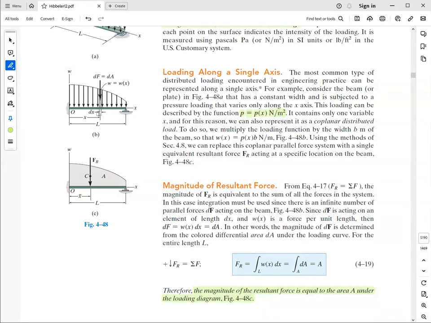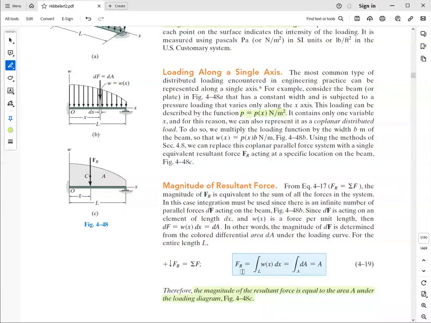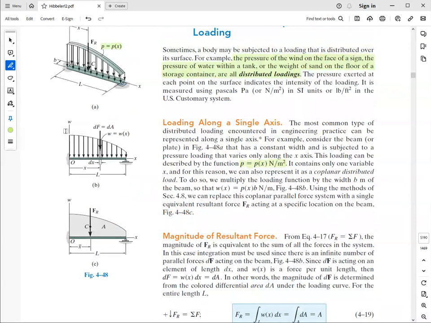We take a narrow portion of the beam of infinitesimally small dx, and multiply by the distributed force, which is given as an analytical function. The resultant force is going to be the integral shown here. So really it's the area under this curve.